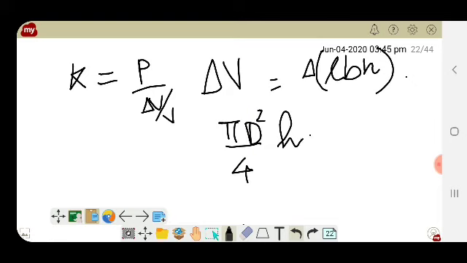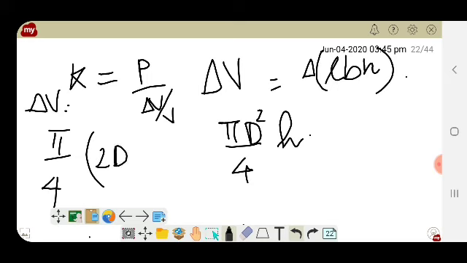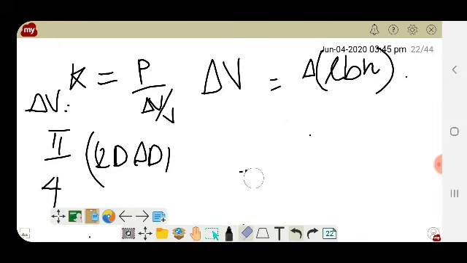There, the derivative delta V is pi by 4 times 2d delta d times h plus d square delta h.